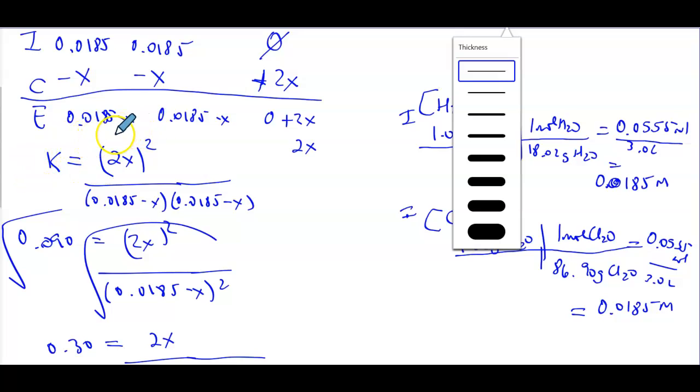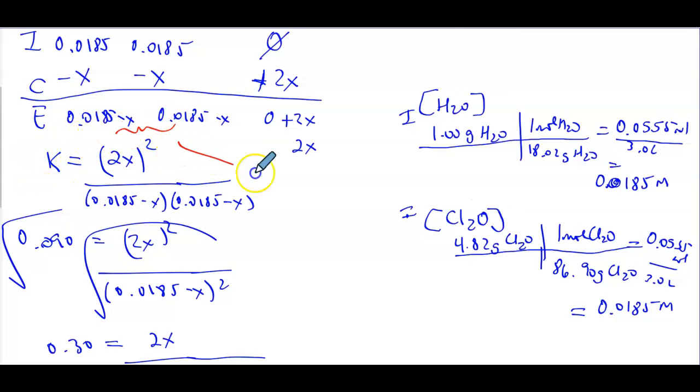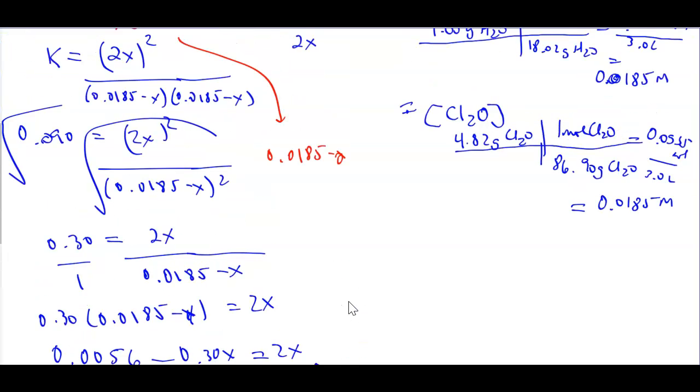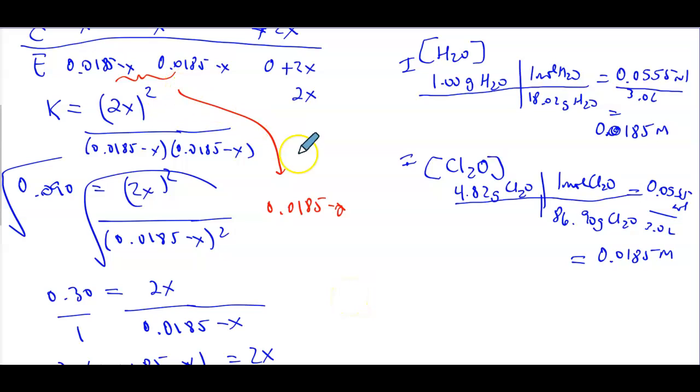For both of these, I'm going to do my work down here so you can see it: 0.0185 minus 0.0024, and I get 0.016 for those two concentrations, which would be H2O.